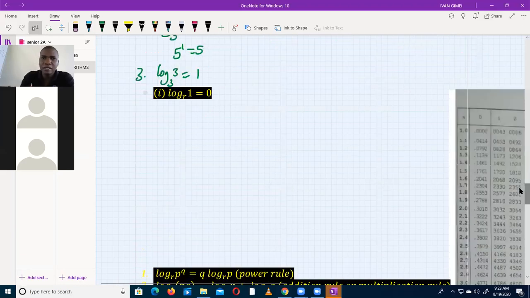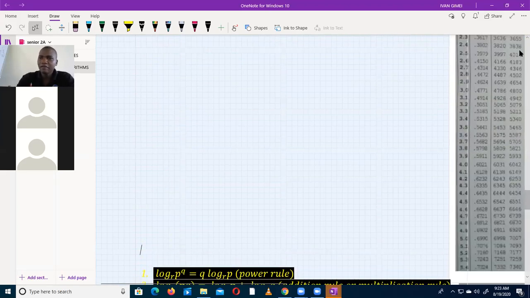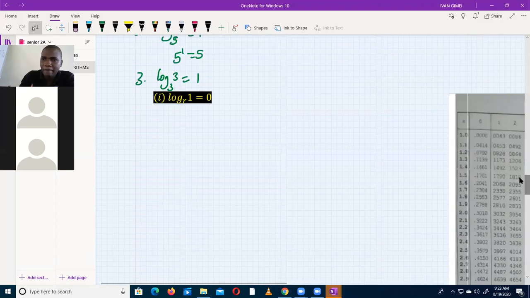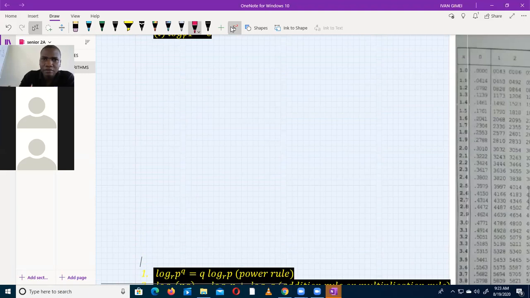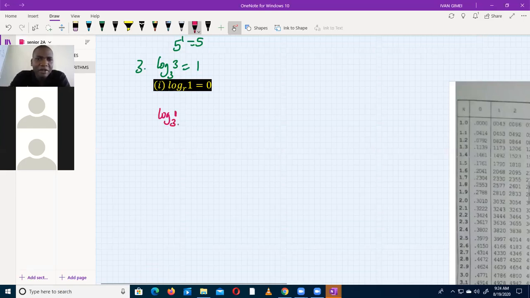Let's try it here and see. If you're finding the logarithm of 1 to base 3, you're simply asking yourself, to which power should I raise 3 so that it becomes 1?